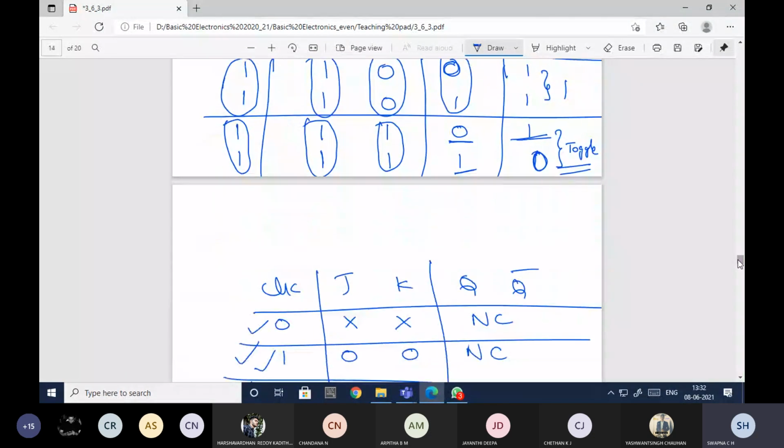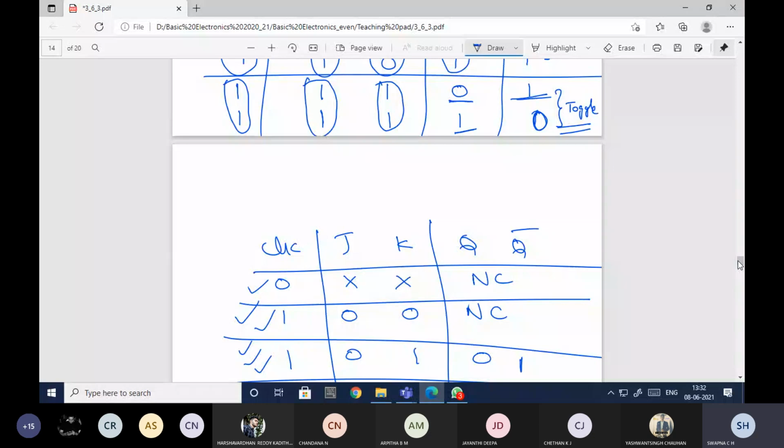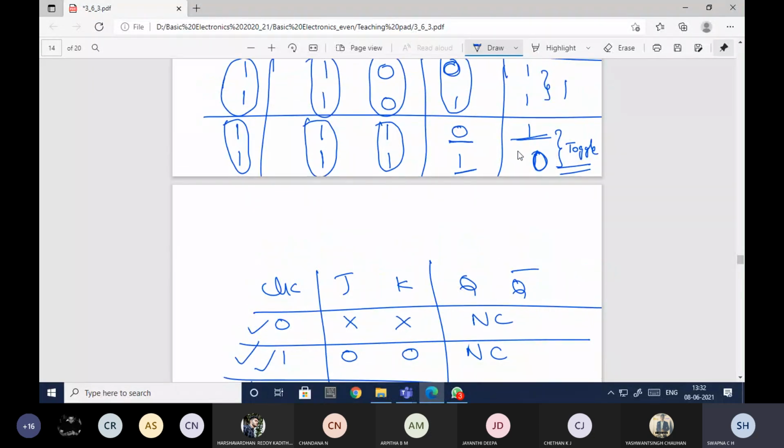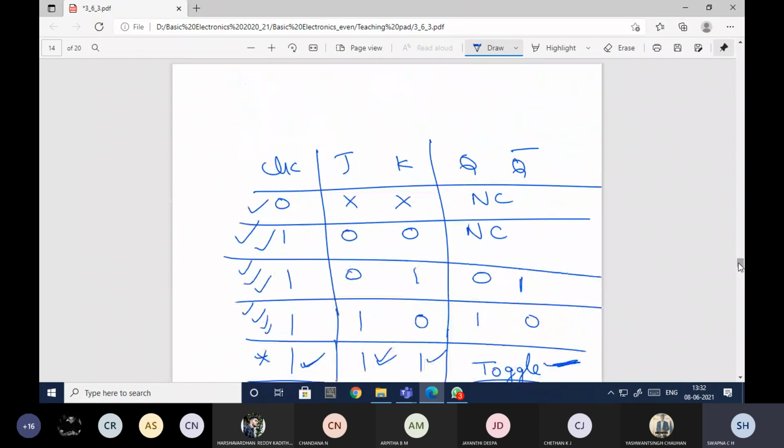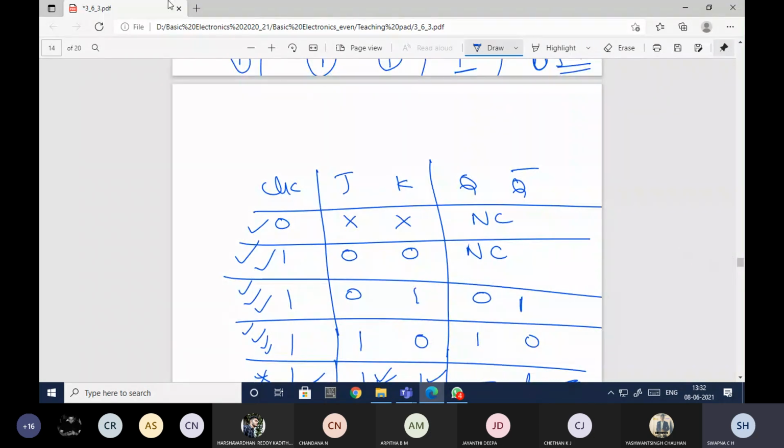But here, when J is equal to 1, K is equal to 1 and clock is equal to 1, the output will always toggle.